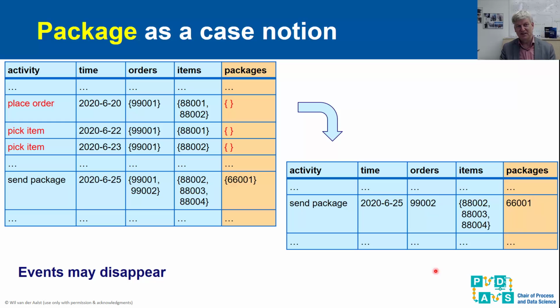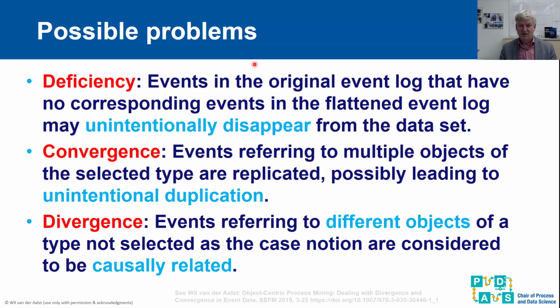What can also happen is that things disappear. If an event is not referring to objects of a particular type, and we take that object type as our case notion, then of course these things disappear. So what have we seen now? In the latter case, we saw a potential problem that we call deficiency, and that means that events are disappearing because we focus on a particular type of object, and we lose all the events that do not directly refer to one or more of such objects.